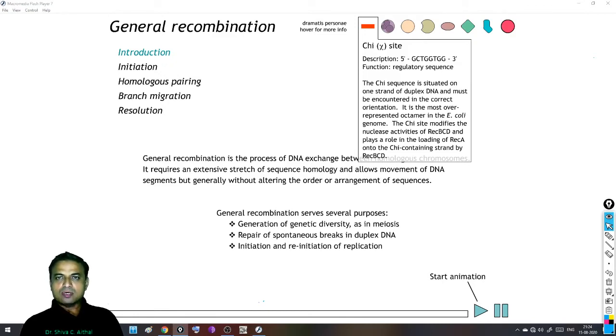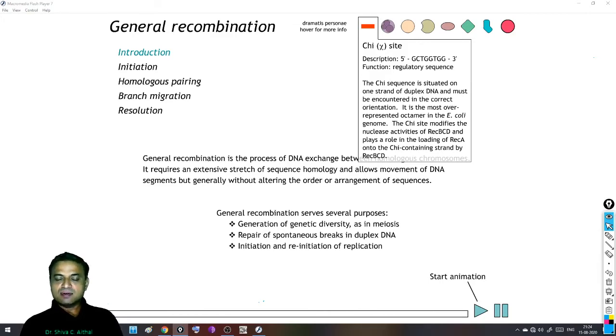One more important activity of this Chi site is that it modifies the nuclease activities of RecBCD proteins. These RecBCD proteins, which are important for initiating recombination, nevertheless have one more maintenance function when recombination is not taking place, and that is degrading the DNA.